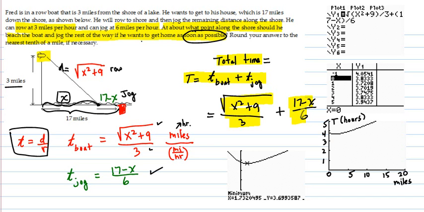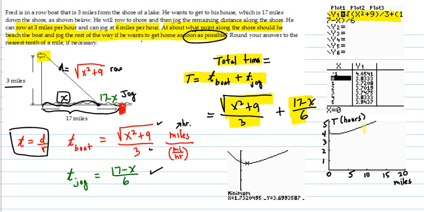Well, it sure would be handy right now to have some calculus, but we haven't learned calculus yet. So we're just going to have to do a graphing calculator method. So we put the function into the calculator. When you graph it, depending on what window, you have a hard time seeing where the minimum is.